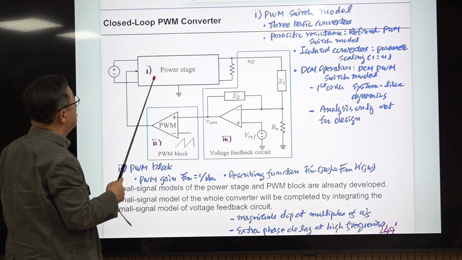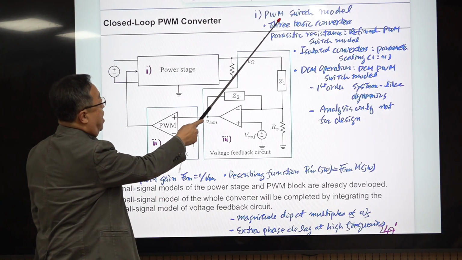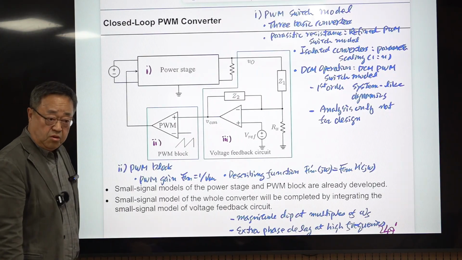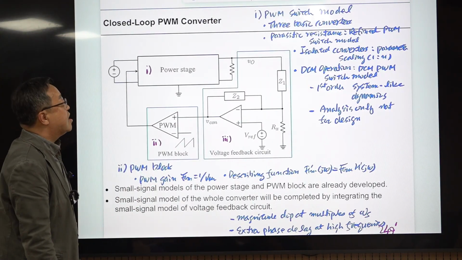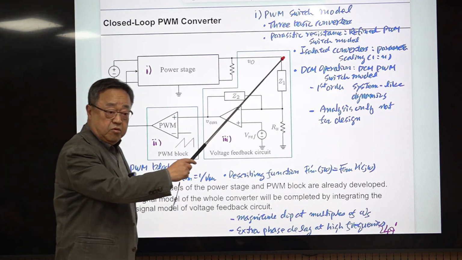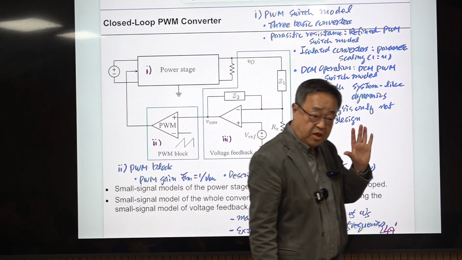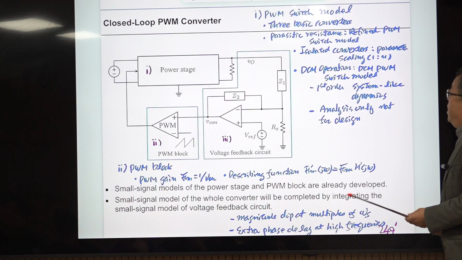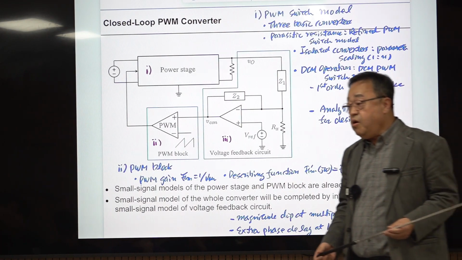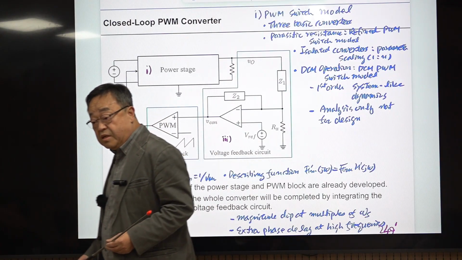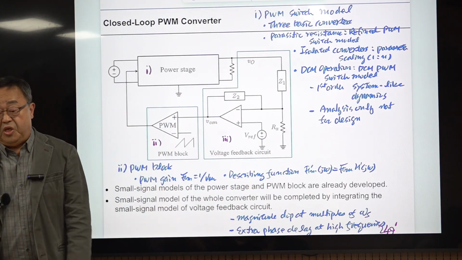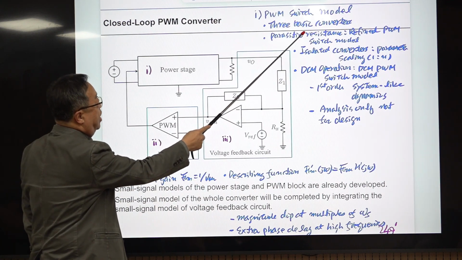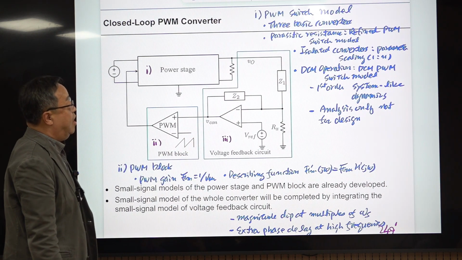So the PWM power stage is modeled as the PWM switch model, and this PWM switch model is applicable to 3 basic converters. So maybe this, originally presented here, can be classified as the basic model or simplified model. Okay, or just PWM converter model.